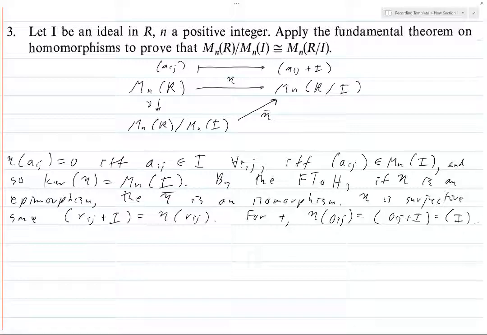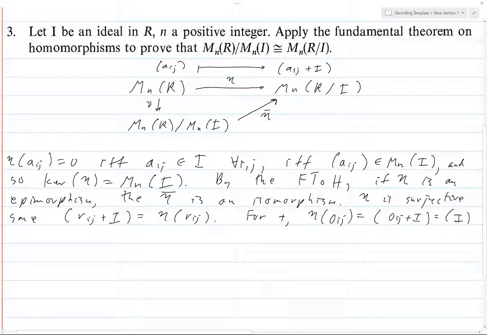No, it's not. The I in parentheses here refers to the collection of n by n matrices whose elements are in I, as an element of R/I. Okay? So there's that.